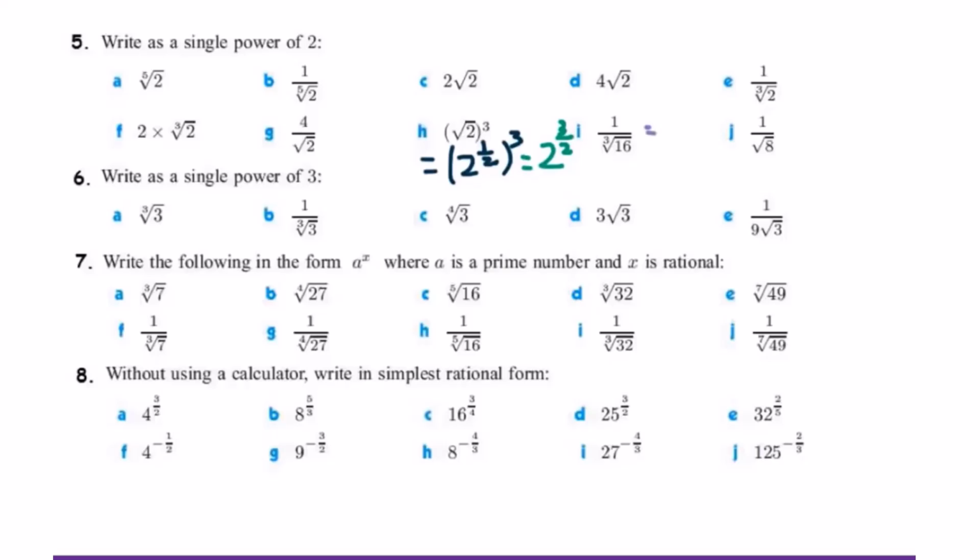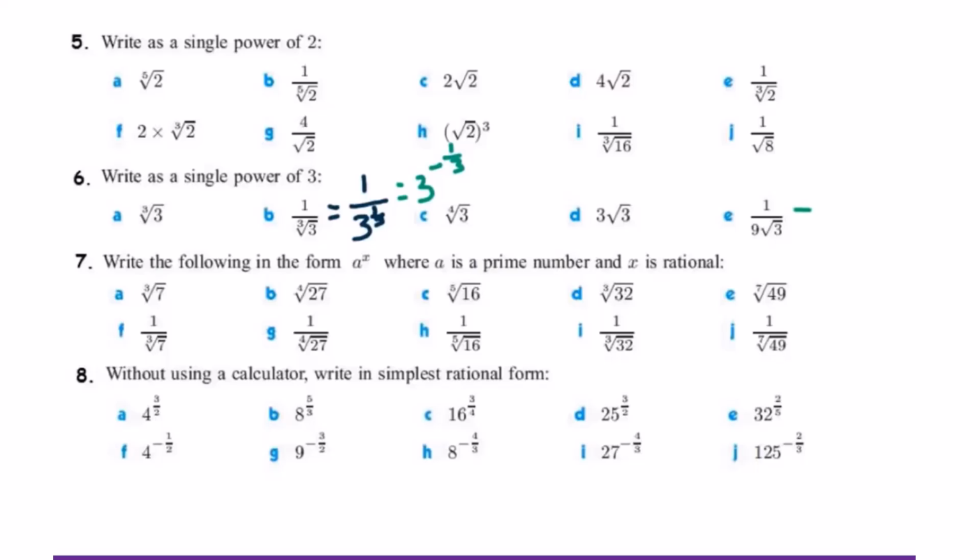For i, I can write down 1 over cubic root of 2 to the 4th power. That will be 2 to the negative, because you have 1 over means negative. Then it will be 4 over third power. For b, I can write down 1 over 3 to the 1/3 power, means 3 to the negative 1/3 power.